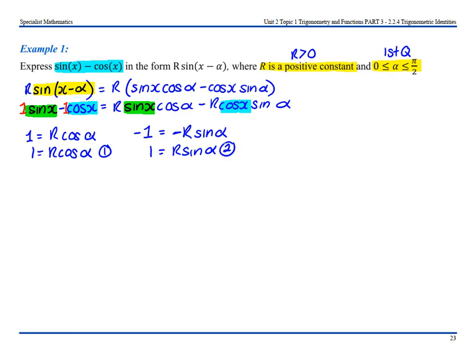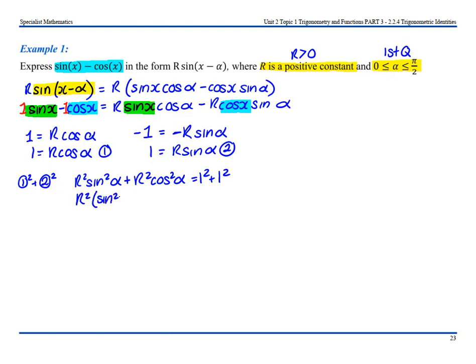Now I recommend what you do now is you look at r squared first. So we're going to go equation 1 squared plus equation 2 squared. So I've got r squared sine squared alpha plus r squared cos squared alpha equals 1 squared plus 1 squared. Bring my r squareds out.